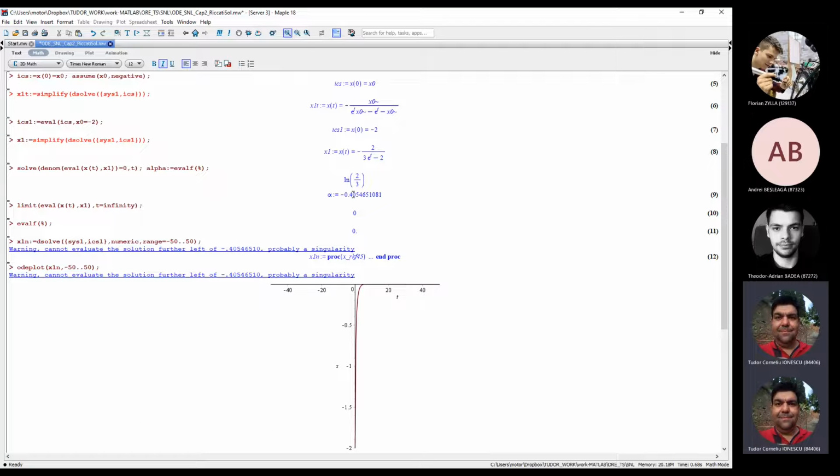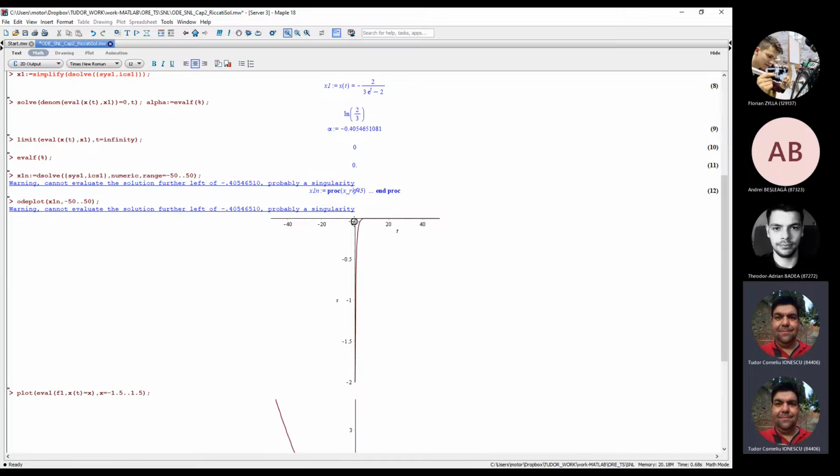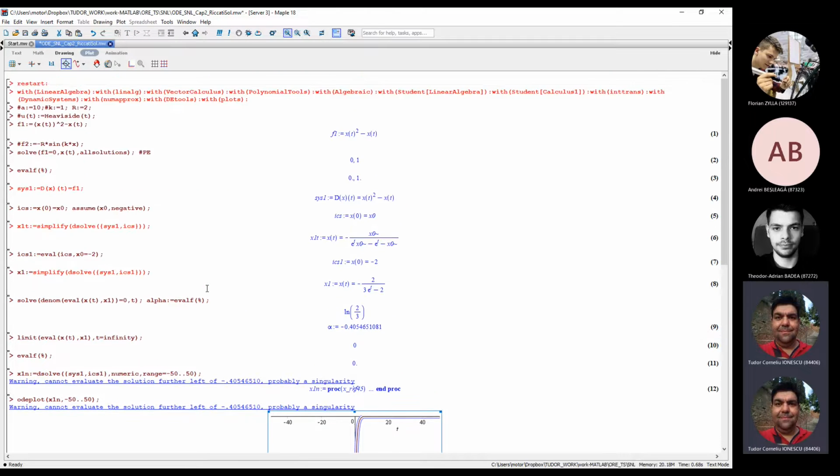The vertical asymptote occurs at the natural logarithm of 2/3, which is given by this floating number, minus 0.4. So here at minus 0.4, if you zoom, you can see the vertical asymptotes.